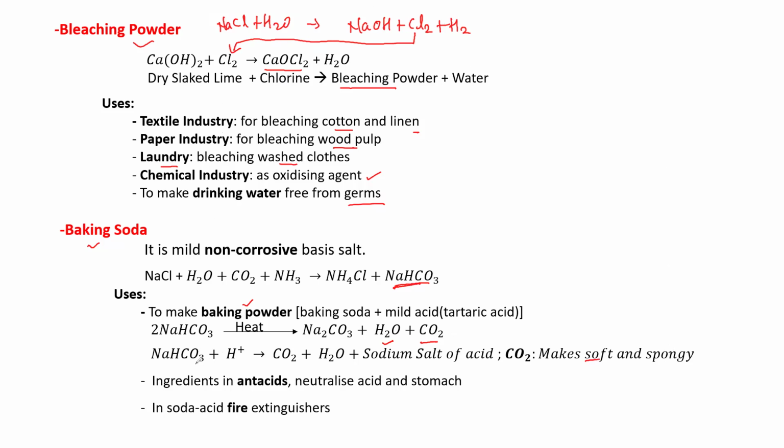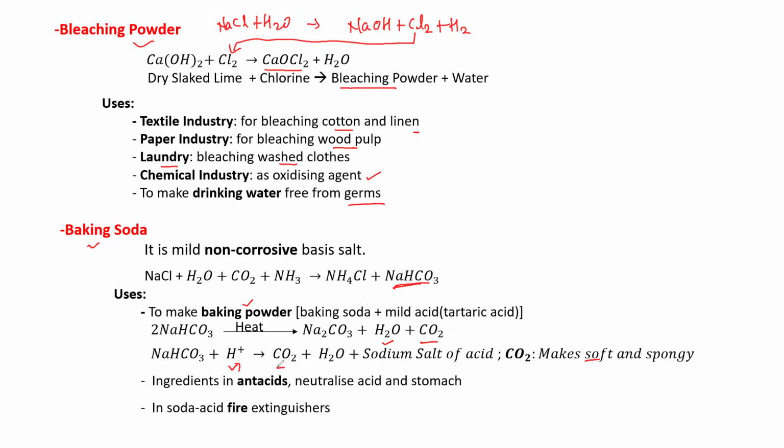And apart from this, further you are seeing that NaHCO3 is going to react with hydrogen ion. This hydrogen ion is obtained from where? From any acidic solution, like suppose HCl. So from there, H plus and Cl minus are separated.